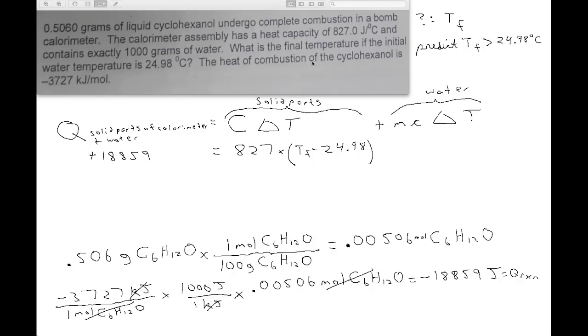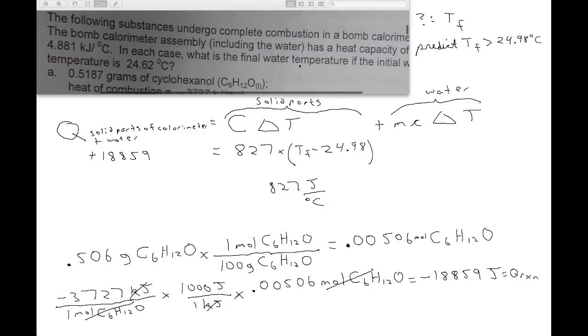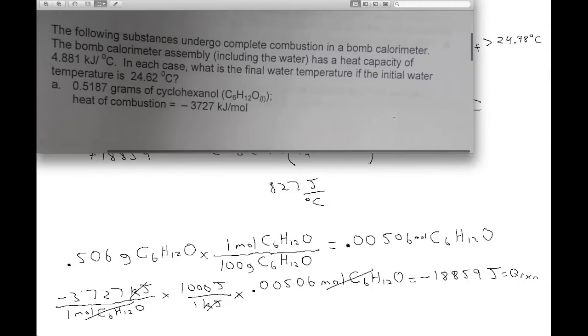And the other reason is, notice that they told us that this had a heat capacity of 827 joules per degree Kelvin, per degree Celsius. Now, if you go back and you compare that with the heat capacities that we've been given on earlier problems, for example, here's an earlier problem that we did. Notice that this heat capacity is much bigger.